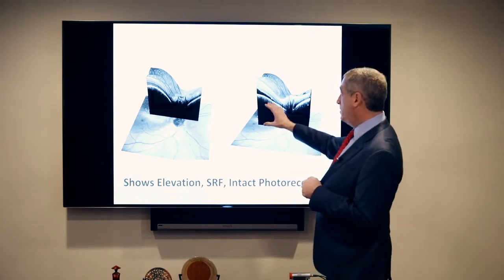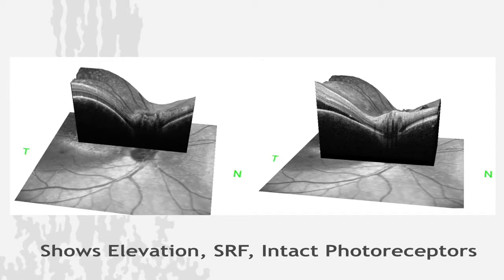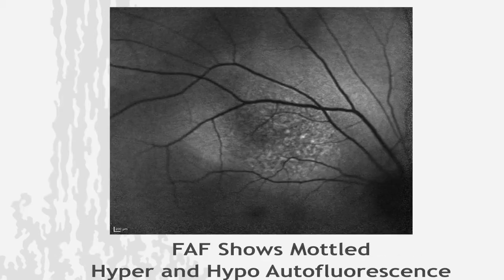But in this tumor, which is not giving off the same toxins and making the same changes in the overlying tissues, the photoreceptors look relatively intact. Here's a fundus autofluorescent image showing some mottled hyperautofluorescence associated with this hemangioma. So you can have hyperautofluorescence with hemangiomas, but typically when they are leaking or doing something active.